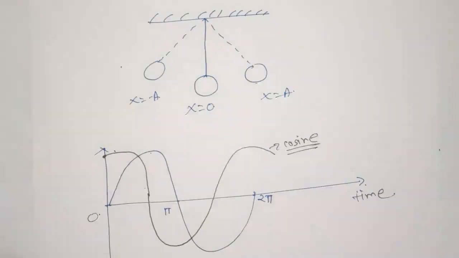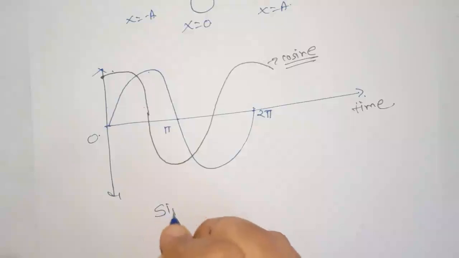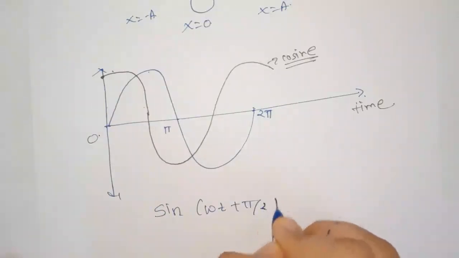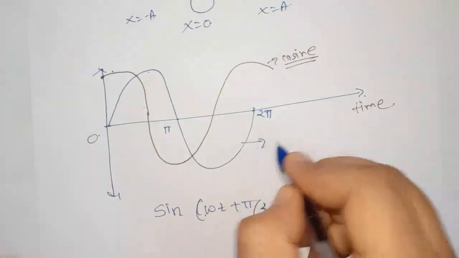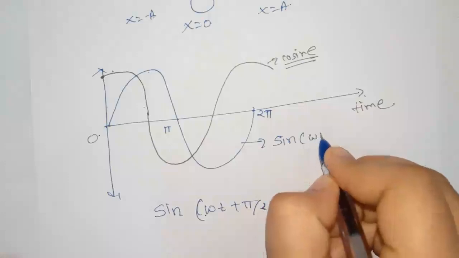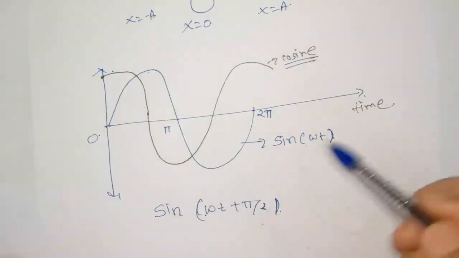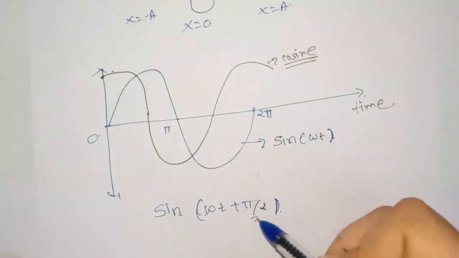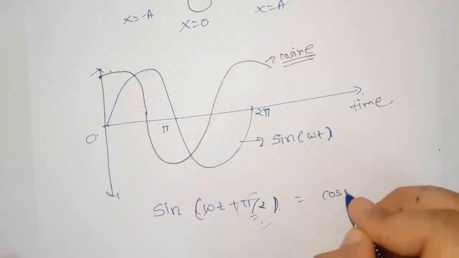So we can write this graph as sine of omega t plus pi by 2. This graph was sine of omega t. So the phase difference between these two graphs is the angle pi by 2. This is cos pi by 2.